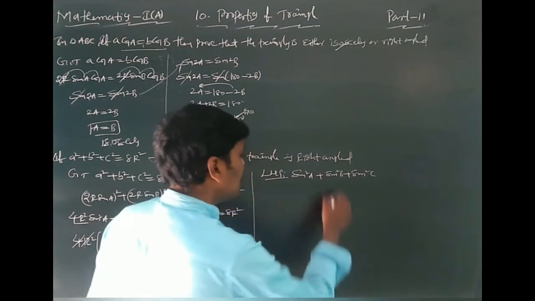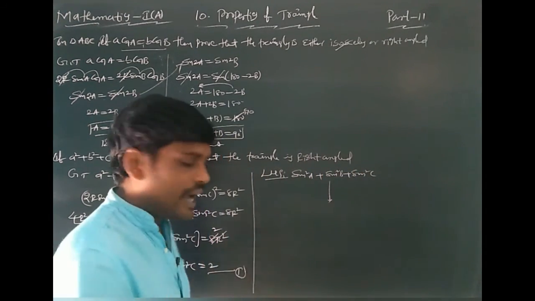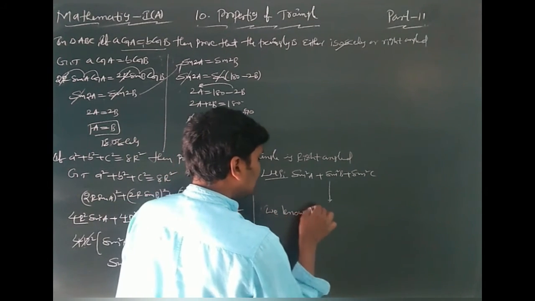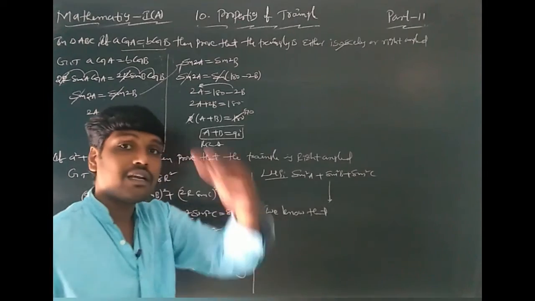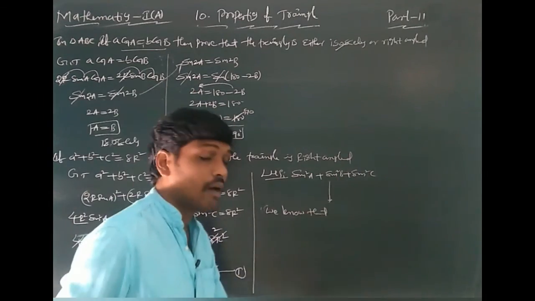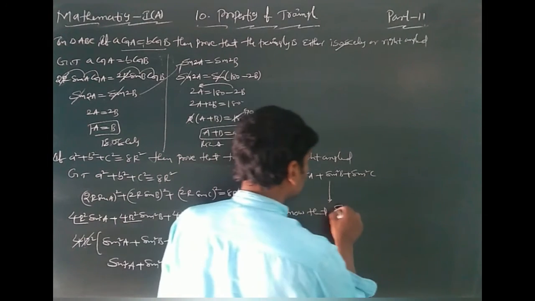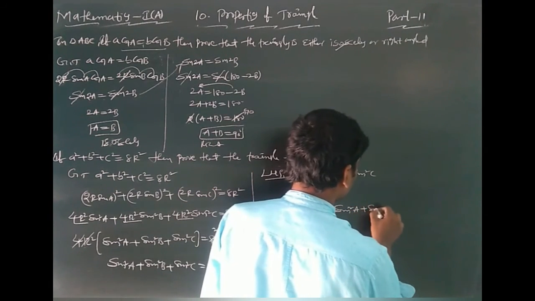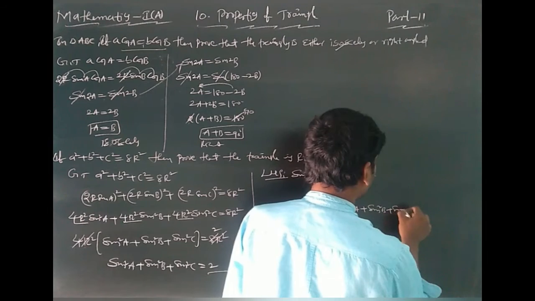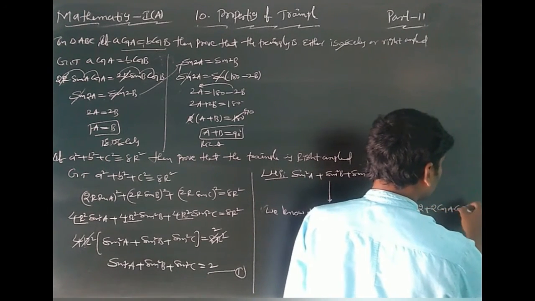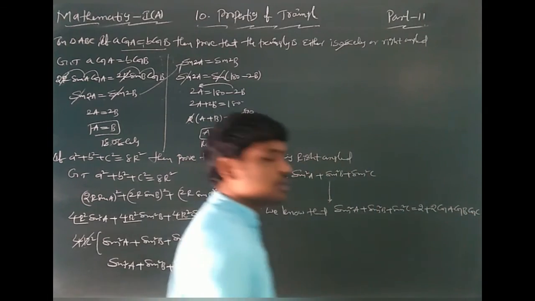You know this value and I can write it directly, but you can totally solve this problem by using trigonometric transformations. You know that sin square A plus sin square B plus sin square C is equal to 2 plus 2 cos A cos B cos C.